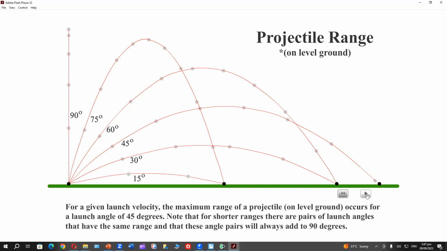By changing the angle, the range changes. 15-degree range, 30-degree range, 45. If you look at the 45-degree range, then 60-degree, 75, 90 is going up forever. Now my question is, which angle is giving me the maximum horizontal range?